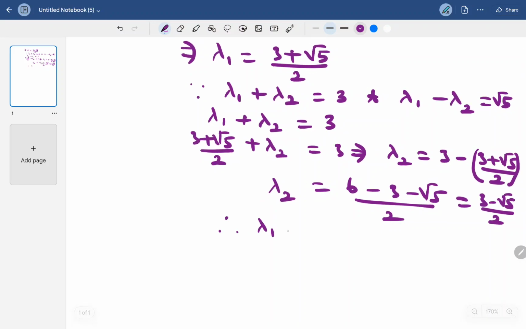Therefore, lambda 1 is (3 plus root 5) by 2, lambda 2 is (3 minus root 5) by 2. Again by result, if lambda is an eigenvalue for the matrix A, lambda power n is an eigenvalue for the matrix A power n.